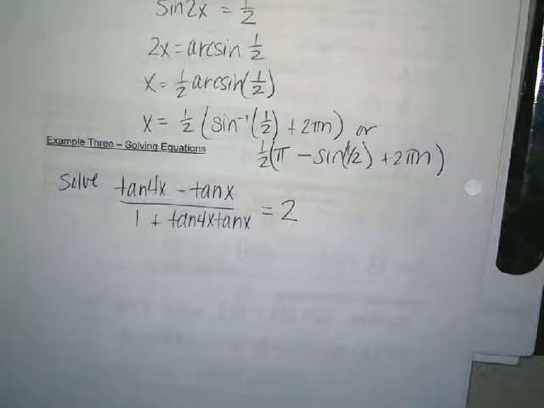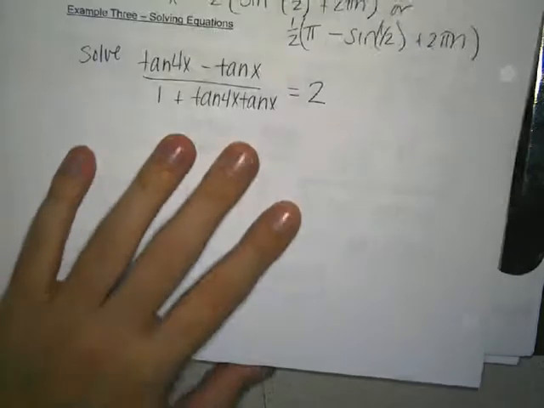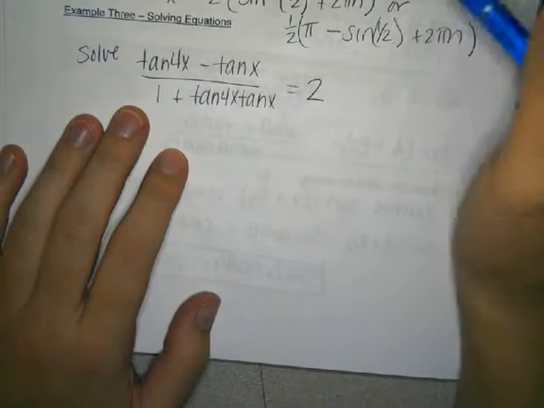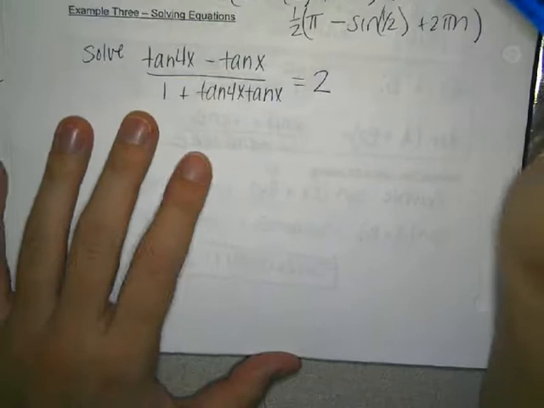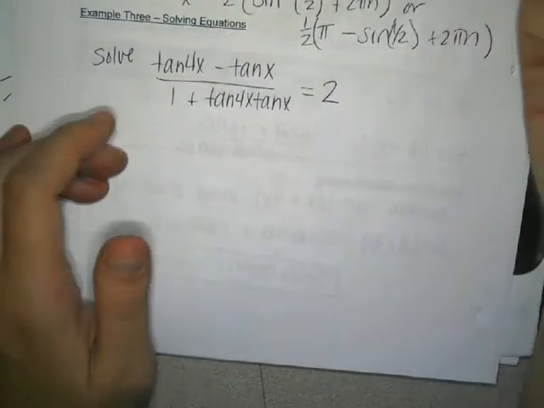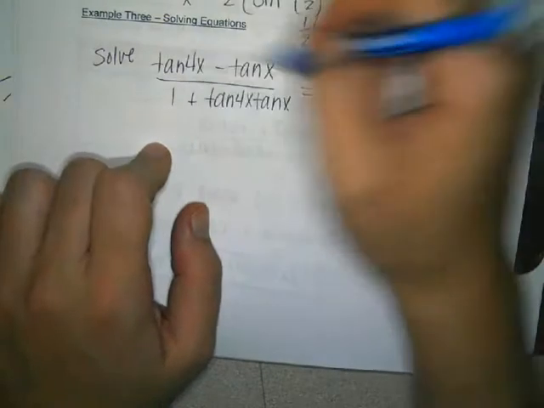Okay, so here's another problem where there's no way that I can isolate tangents. Yes, I have one function, I have a tangent, but they both have different arguments, which means I can't isolate one of them. So in order to do this problem, I have to look for a property that will transform that into something that I can use.